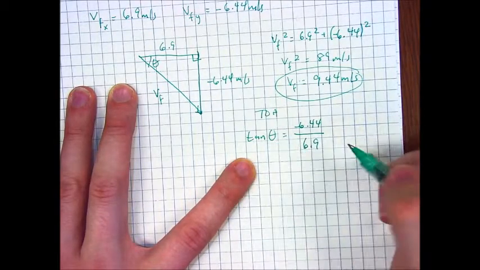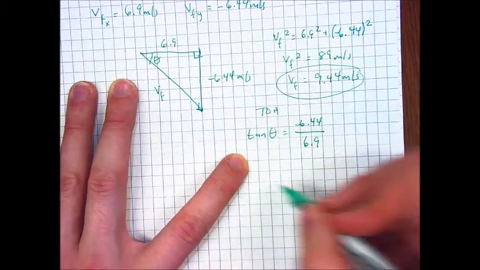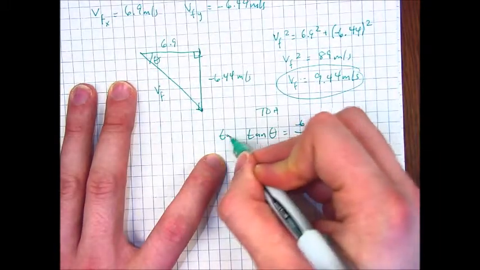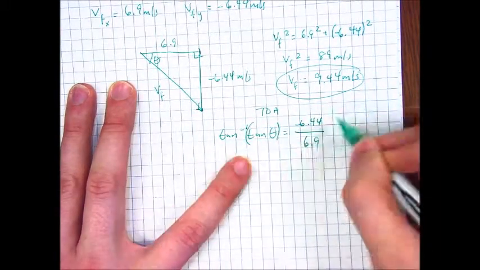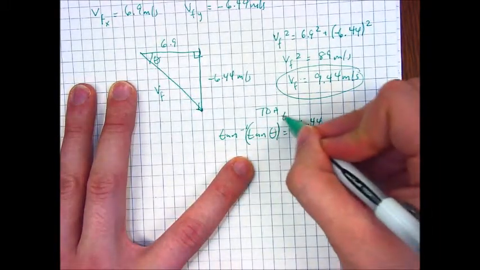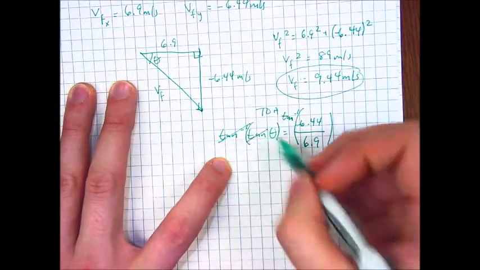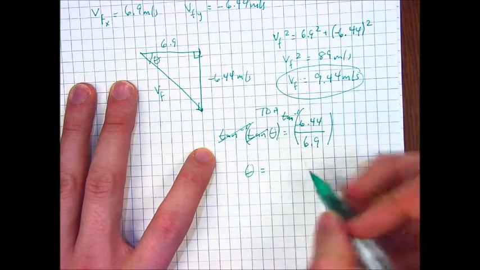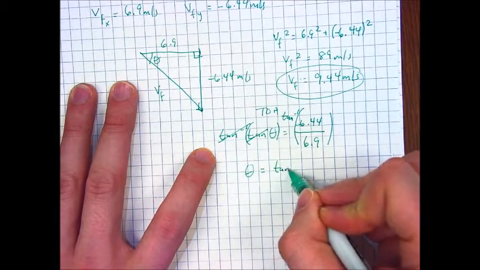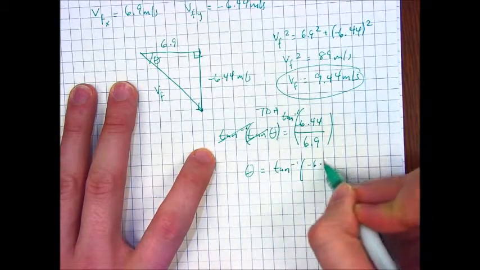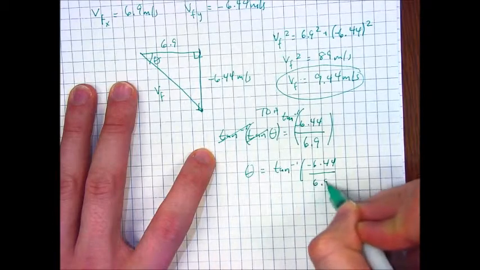And we need to get theta by itself. In order to do that, we have to tan inverse both sides. And then if you can imagine, sorry, I shouldn't have squeezed it in like this. These are going to cancel out, and you're left with theta is equal to tan inverse of negative 6.44 divided by 6.9.